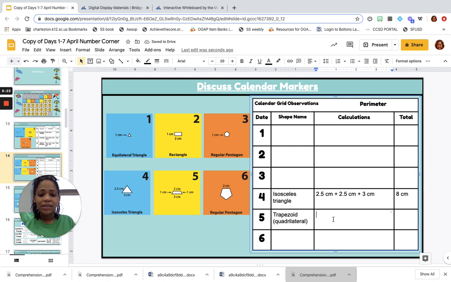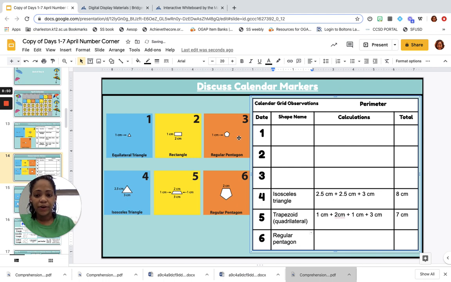And lucky for us, they tell us all 4 side lengths. So 1 centimeter plus 2 centimeters plus 1 centimeter plus 3 centimeters. And it looks like 2 of the sides are the same. So how many centimeters do we have? Right, 7 centimeters.